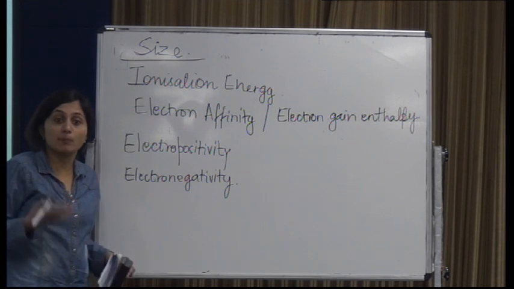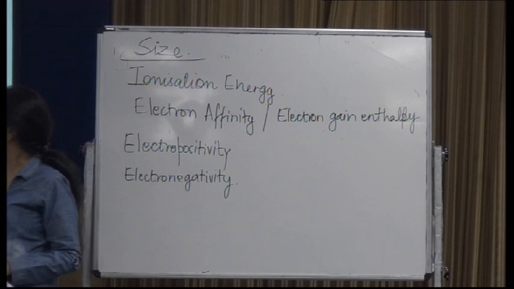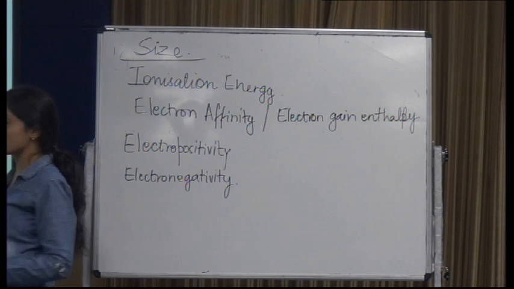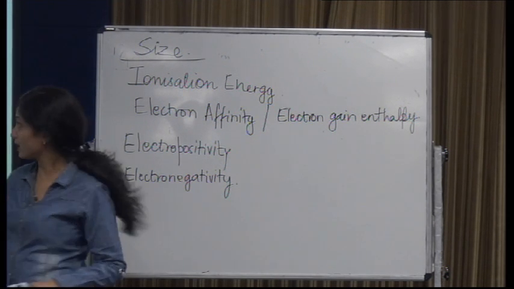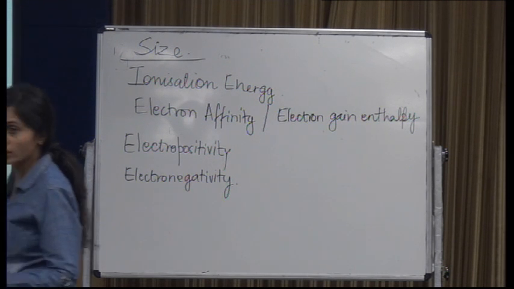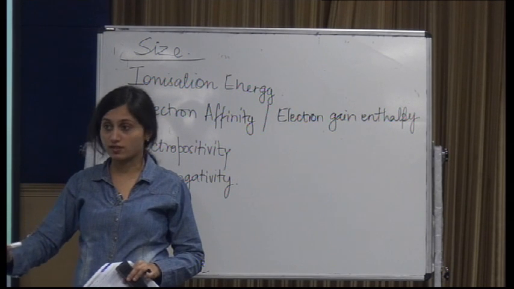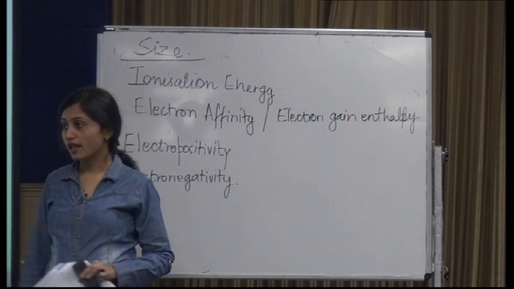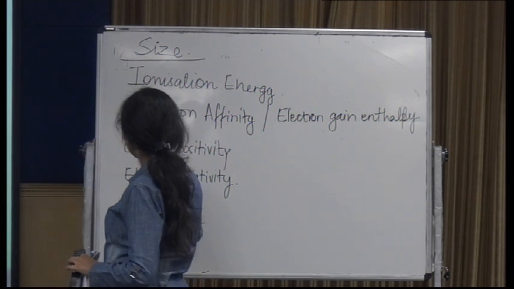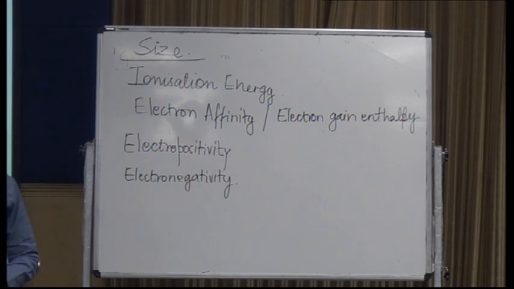That is, what is the capability of an element, or its tendency? Electropositivity is the tendency of an element to lose electrons, and that losing of electrons generally happens from the outermost shell only. And electronegativity is the tendency of an element to gain electrons or attract electrons.